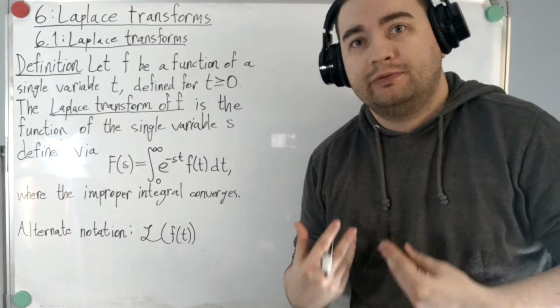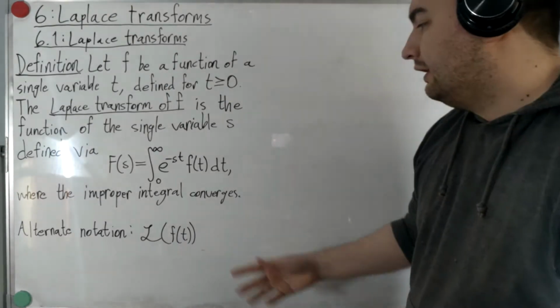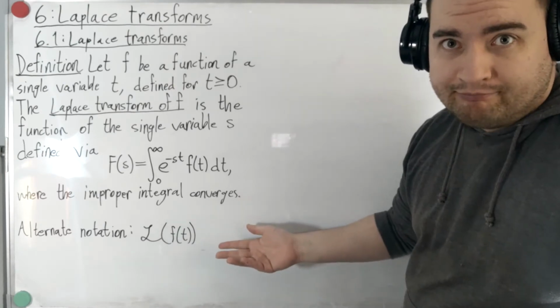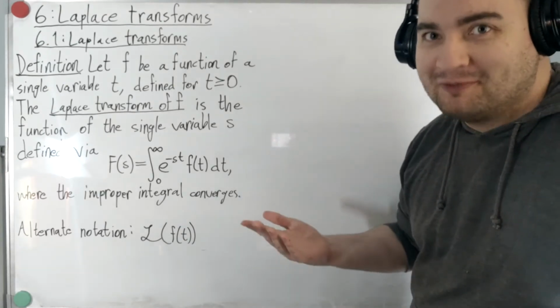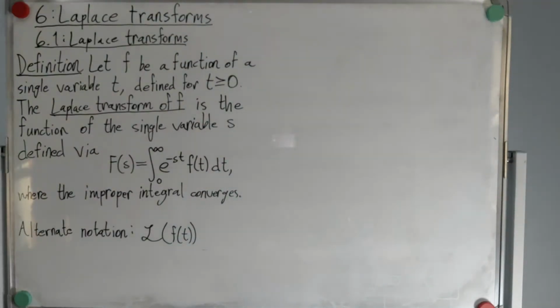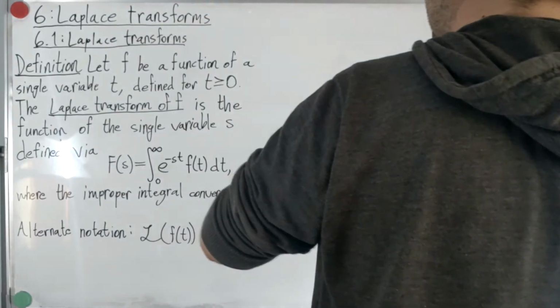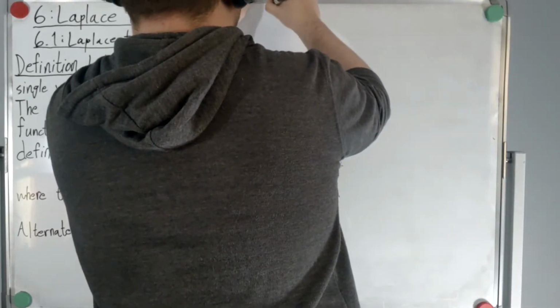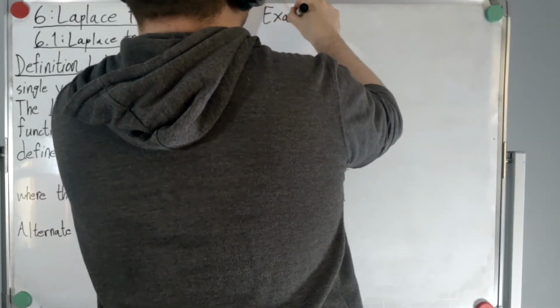This comes with the disadvantage of not explicitly stating that this thing is a function of s, which is different from t. Okay? Right, so of course, we're going to do some examples to get used to computing this thing. So, example.